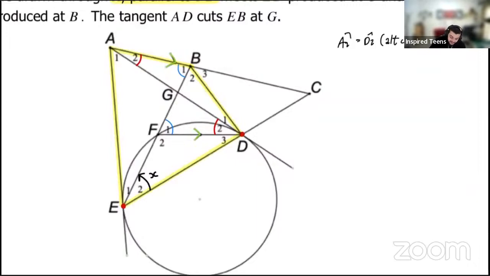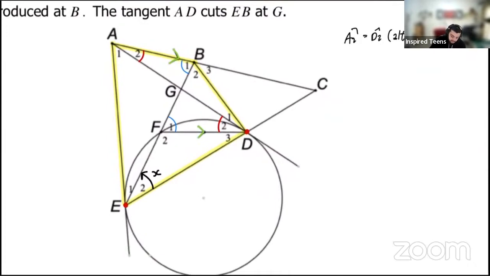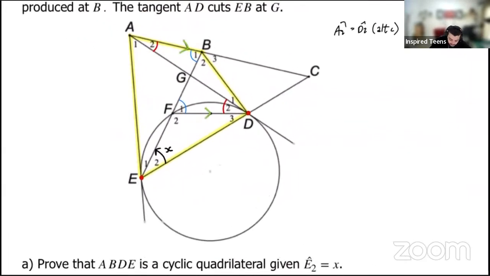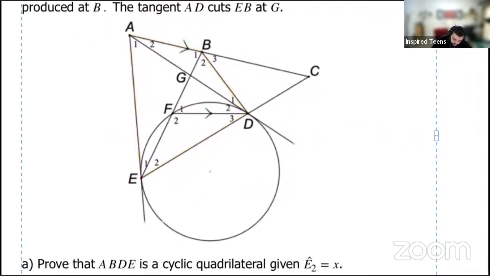D2 is equal to X. Excellent. D2 is equal to X because, if you want to turn your diagram, maybe let's do this. One second.